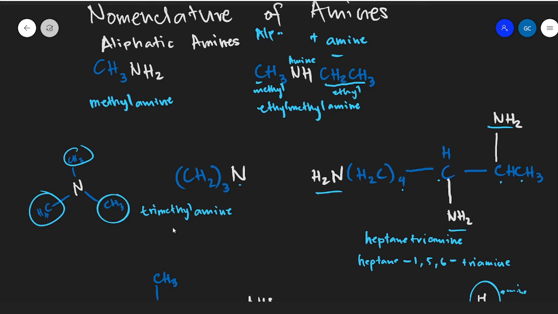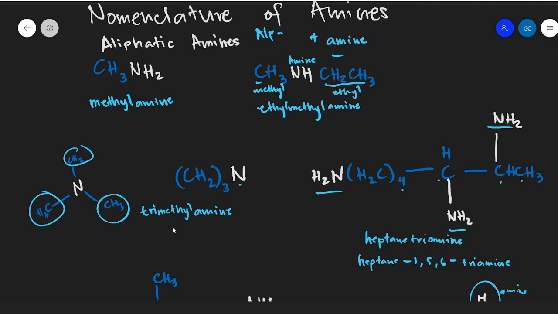So, for primary amines, iba kasi yung magiging system natin kung paano natin siya pinapangalanan. So, for primary amines, yung ginagawa natin dati, we just need to replace the E in the name of our R group. So, halimbawa, meron kang methane, tatanggalin mo lang yung E, tapos papalitan mo ng amine.